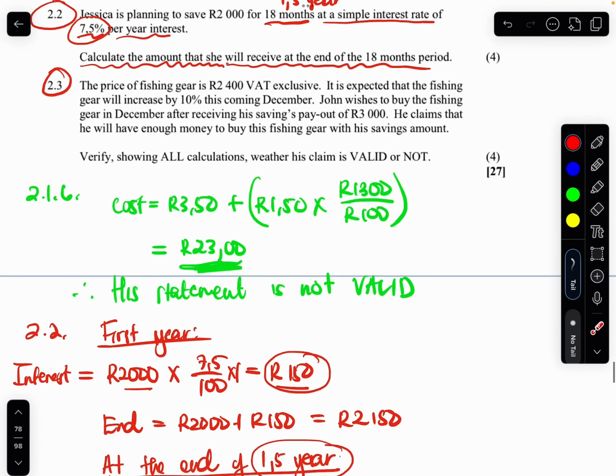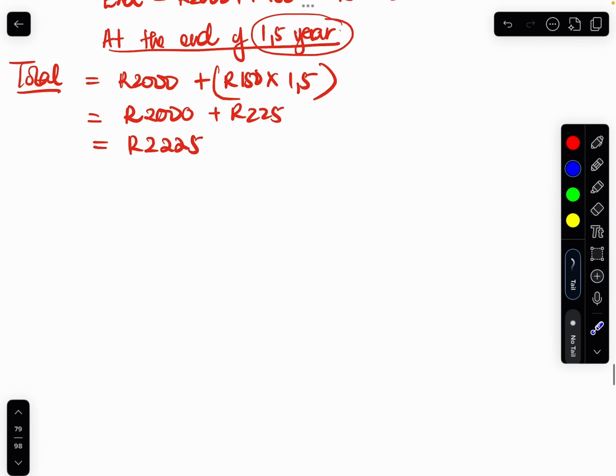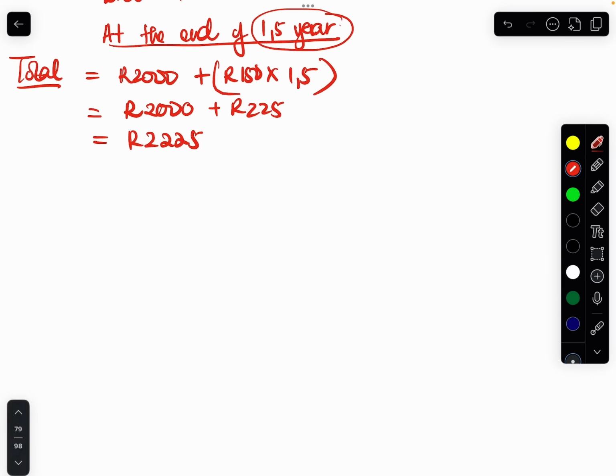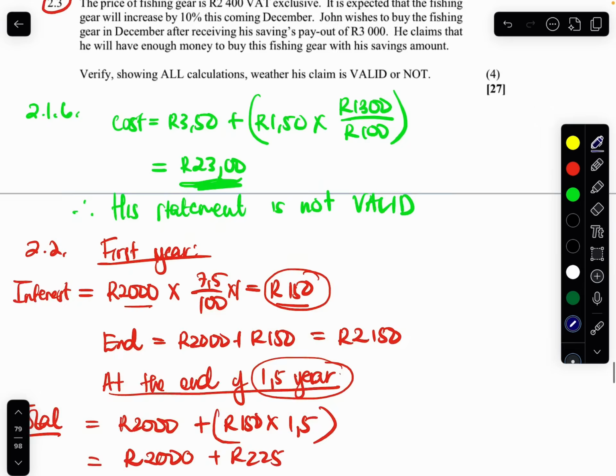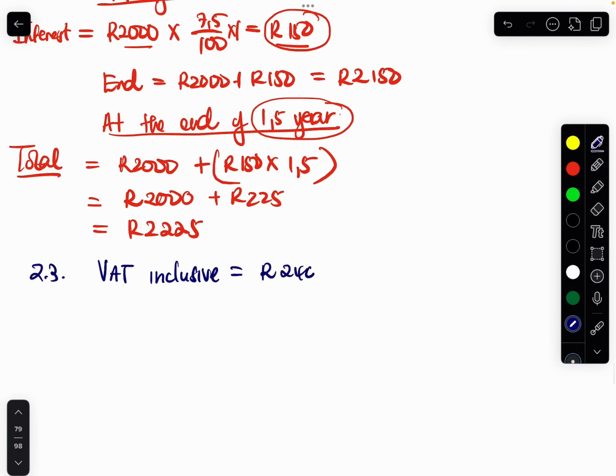So for 2.3, we're going to calculate the VAT inclusive price. We take the 2,400 and add the 15%.